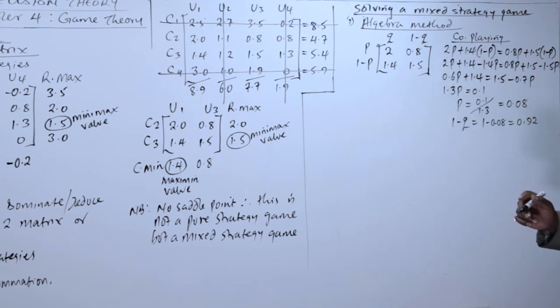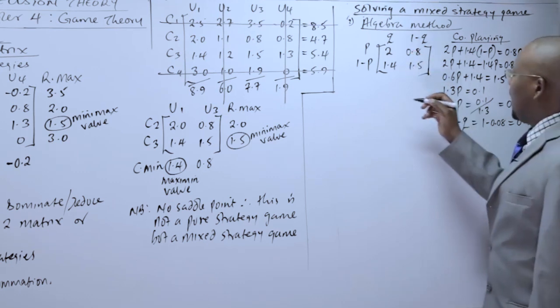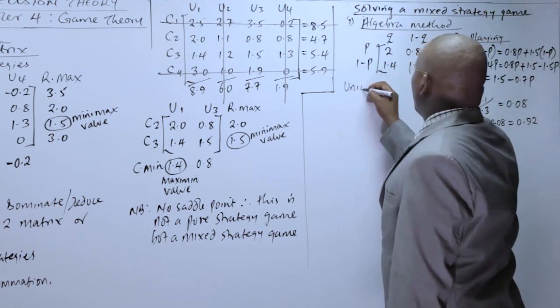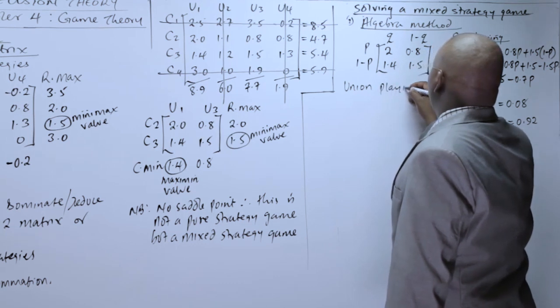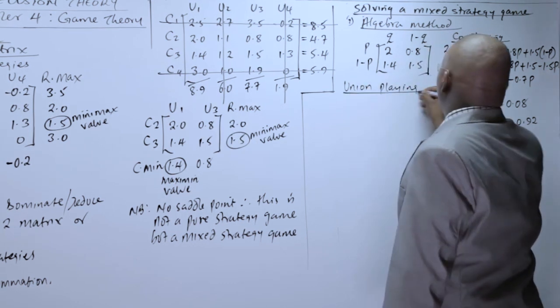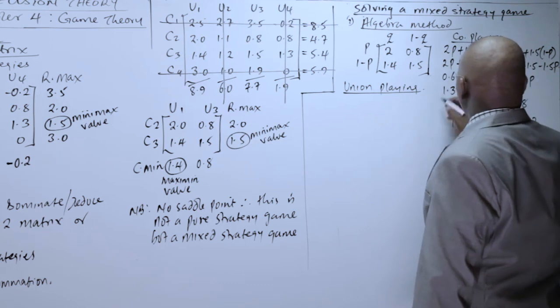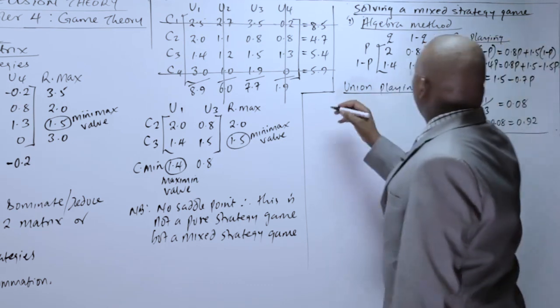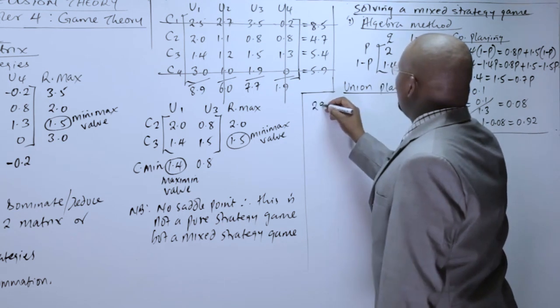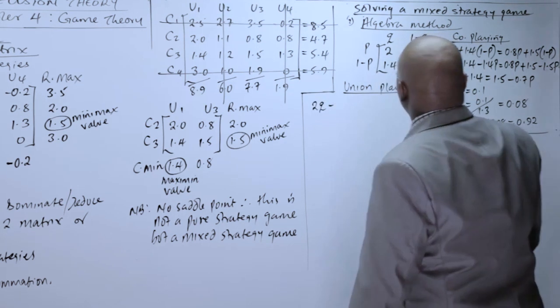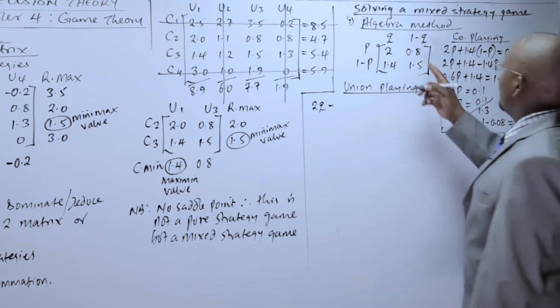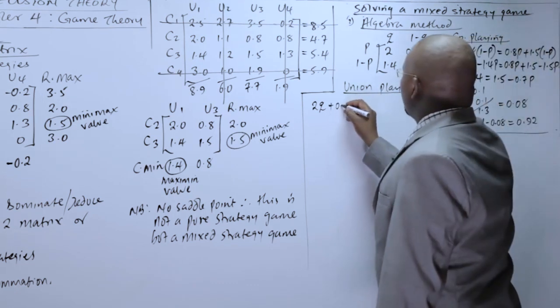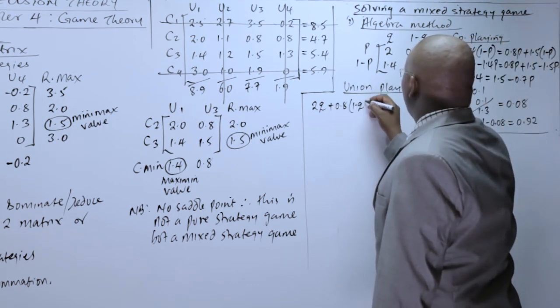Then the same thing happens to the union. When the union is playing, we have 2q plus 0.8 times 1 minus q.